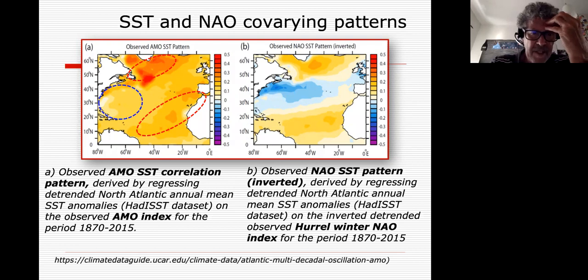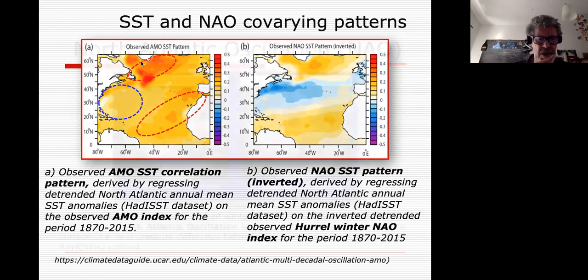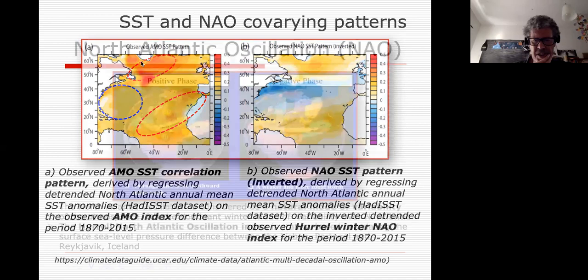And we see here the observed AMO SST pattern.